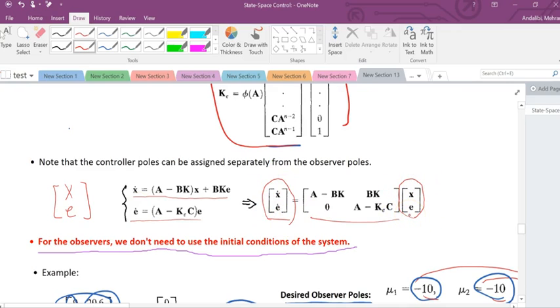Times the vector itself. And if you look at this matrix, it's upper triangular. There is this component of all zeros. In other words, in E dot, there will be nothing about X.